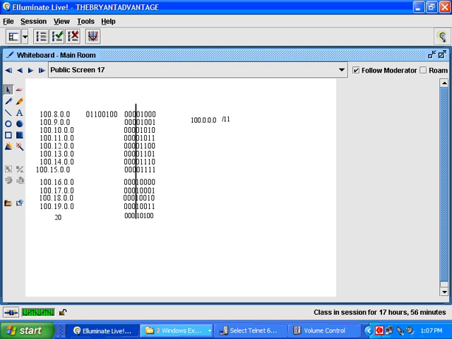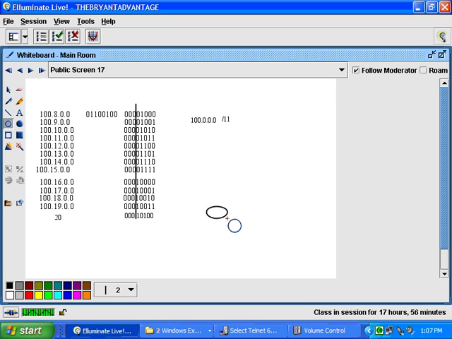100.0.0.0/11. Well, we don't want that, because what if we had this scenario? Let's say this is the router advertising the summary, and we'll just put a quick Ethernet segment up here. So we have those routes being advertised by this particular router.